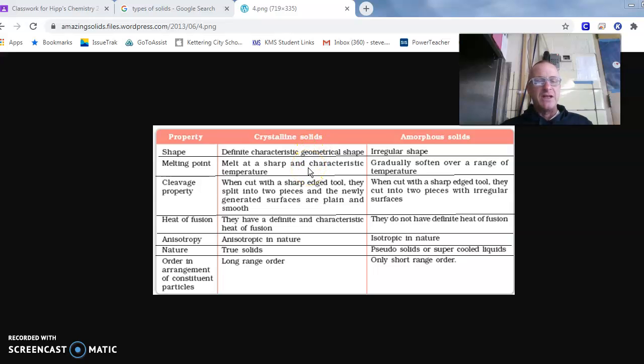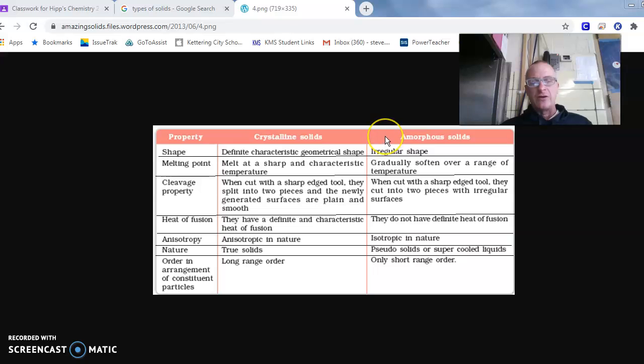Crystalline solids tend to melt at a specific temperature. And when you cut crystalline solids, they tend to break apart into pieces that have neat and smooth lines. When you go to melt a crystalline solid, they have a specific heat that would be required to melt them, and that's called the heat of fusion. They are considered to be what we would commonly call true solids.